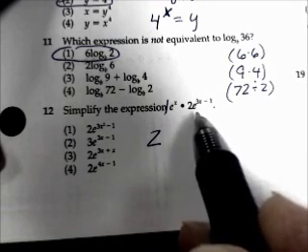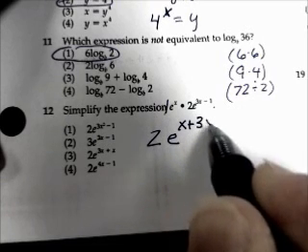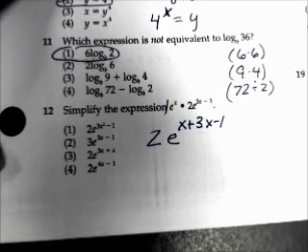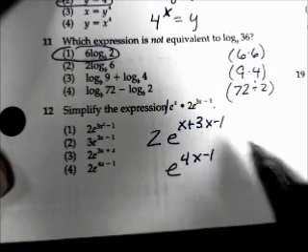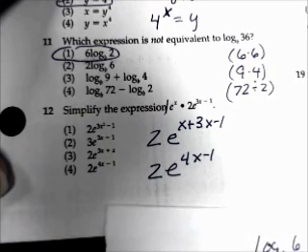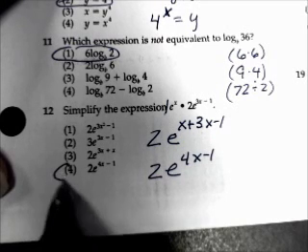We're adding exponents, right? So this would be e to the x plus 3x minus 1, which is simply x plus 3x is 4x. So this is e to the 4x minus 1, and with a coefficient of 2. So 2e to the 4x minus 1, which is option 4.